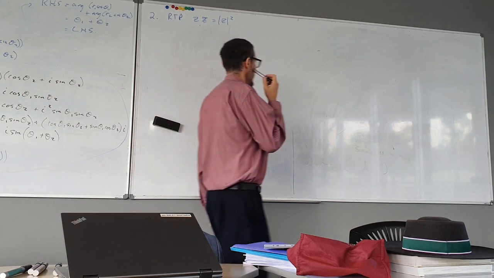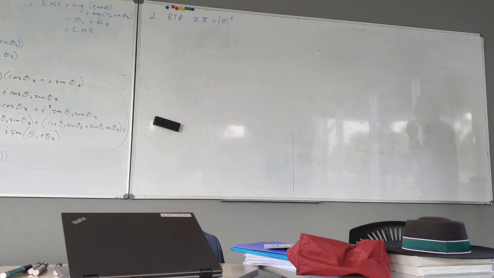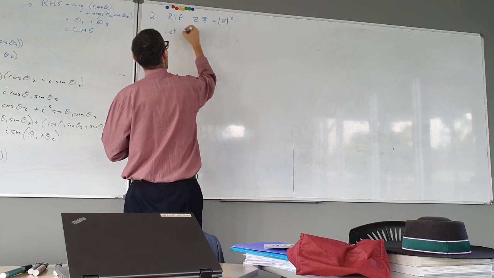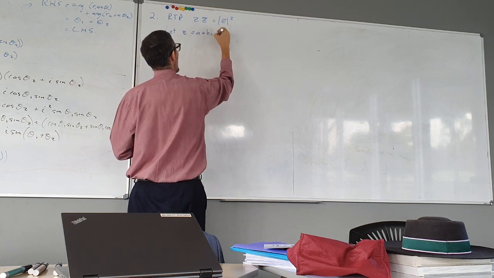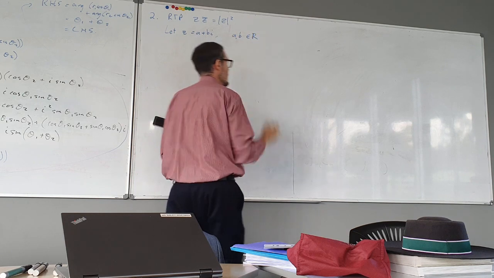Z times its conjugate is equal to its length squared. Okay, let Z equal a plus bi. a and b are real.